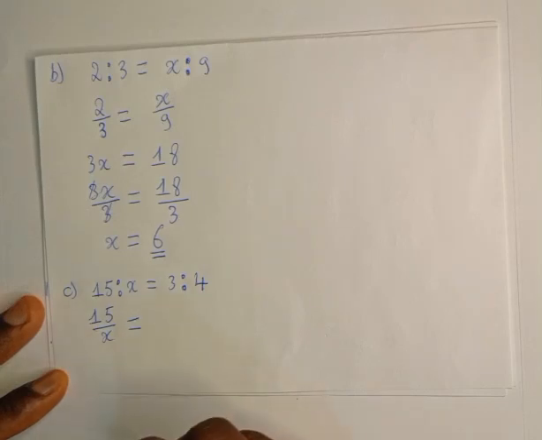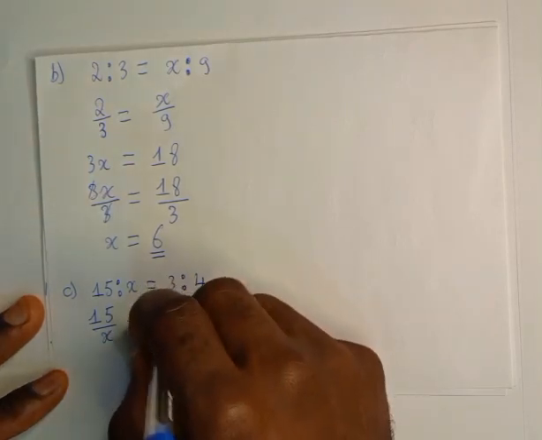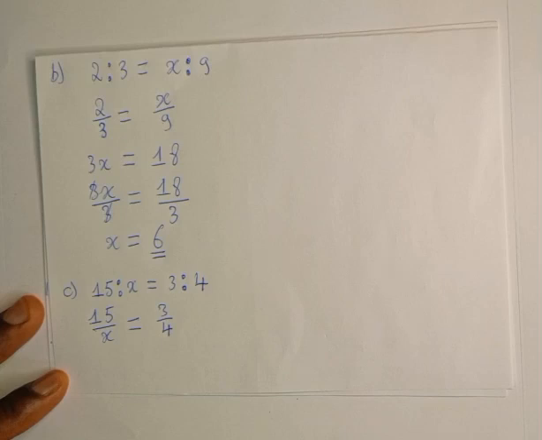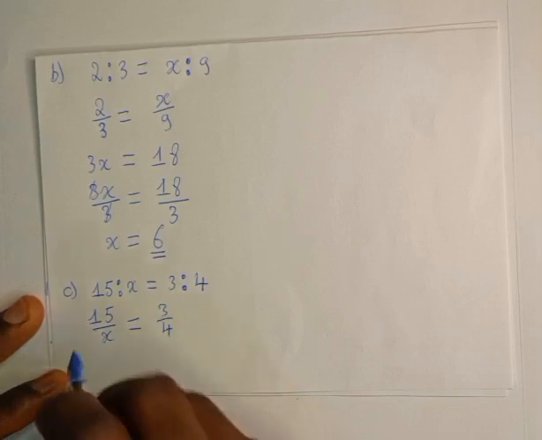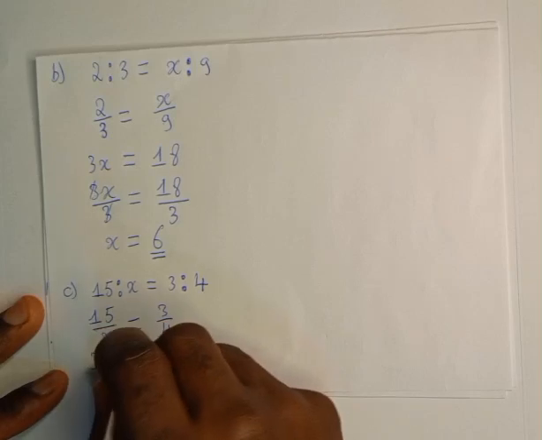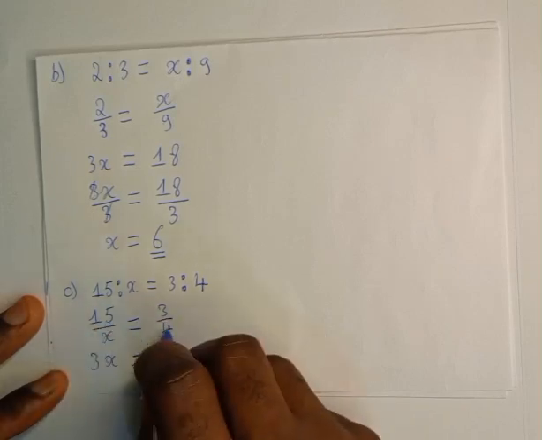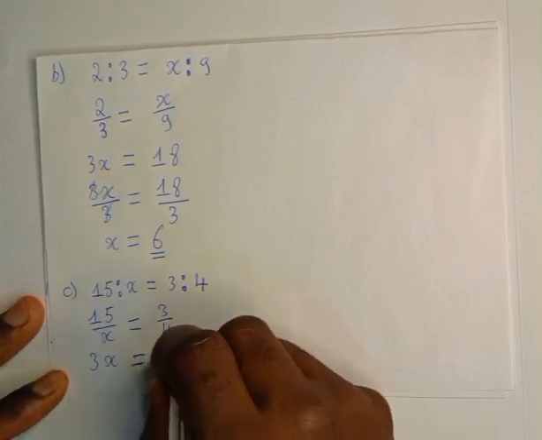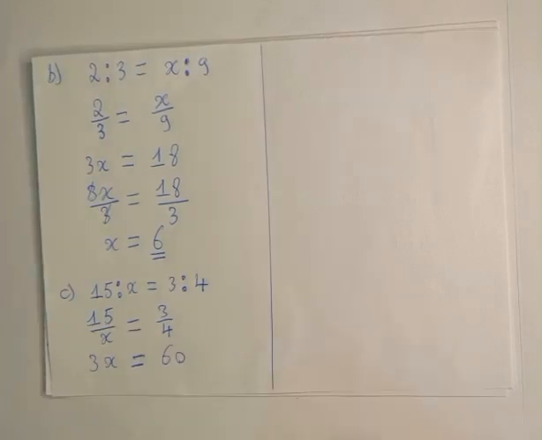We express the right hand side in the fractional form. 3 over 4. Next, we perform cross multiplication. X times 3 gives us 3x is equal to 15 times 4, which gives us 60. Next, for us to get the value of x, we are going to divide both sides of the equation by the coefficient of x, which is 3.